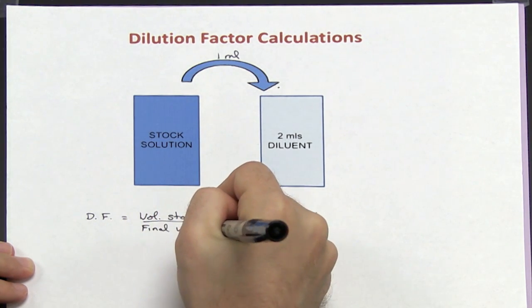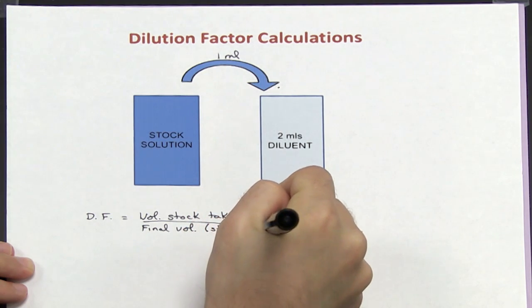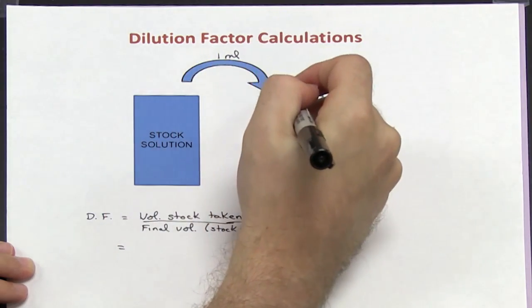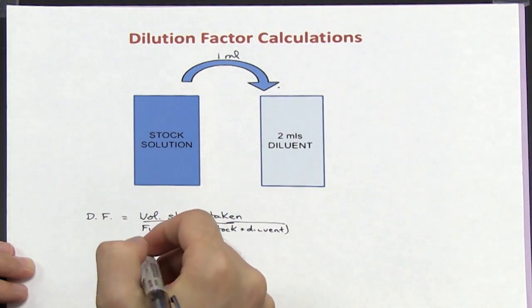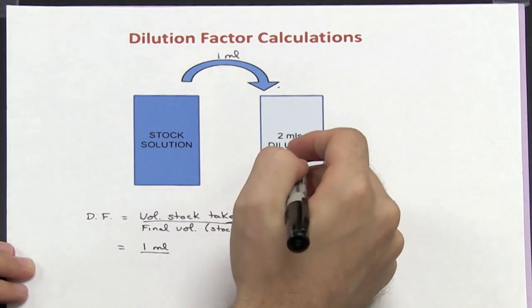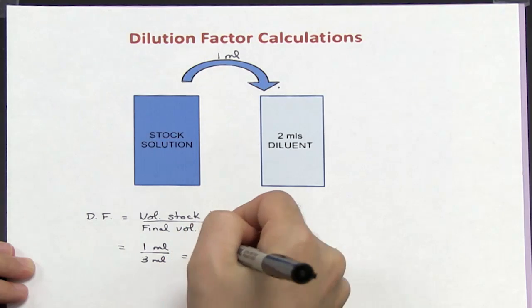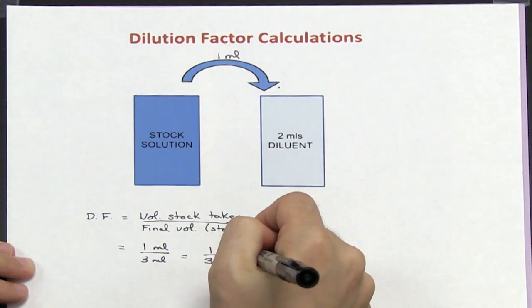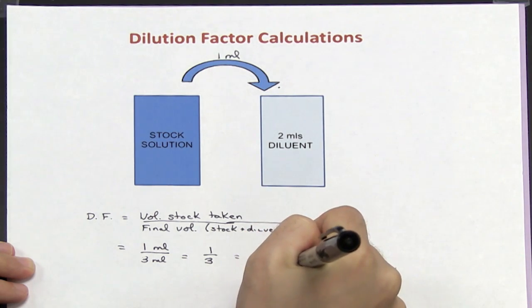And the final volume, again, is the stock plus the diluent. I'm removing 1 ml, so 1 ml goes in my numerator, and the final volume is 1 ml plus 2 mLs, so that gets me 3 mLs. So this dilution is a 1 to 3, or we can also write that as a threefold dilution.